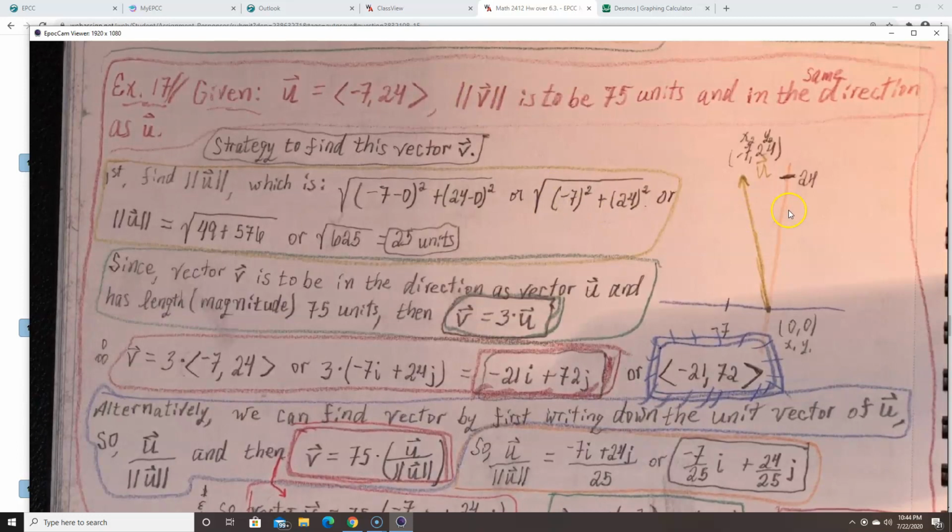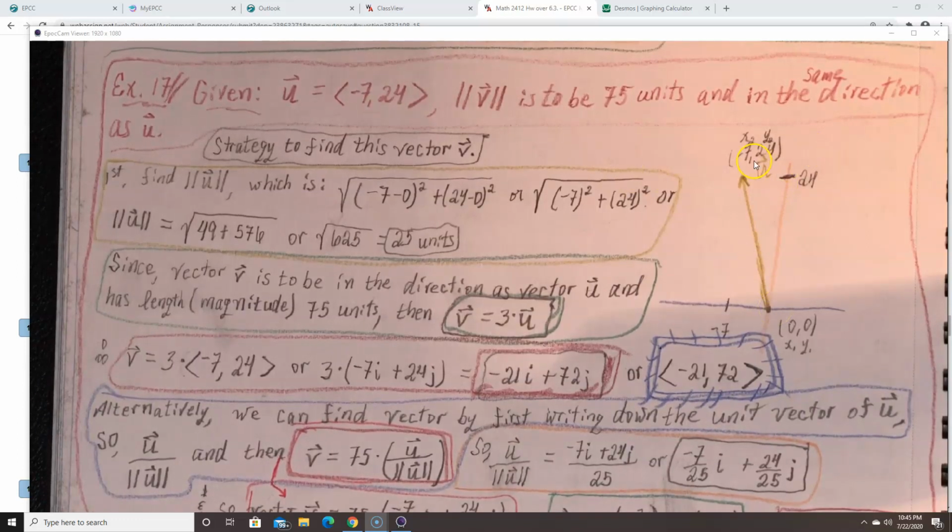Now, we're supposed to find a new vector that's in the same direction as this first one. So the new vector is going to start here at the origin, and it's going to go in the same direction as vector u, as this first one.